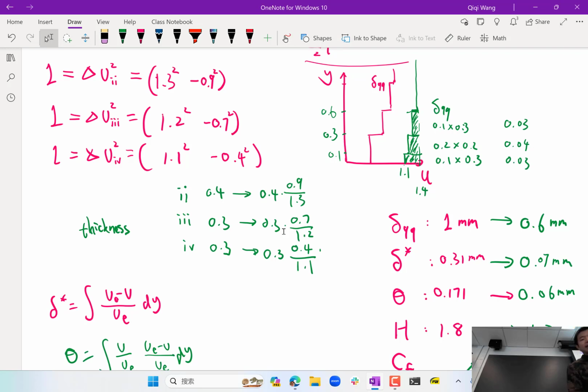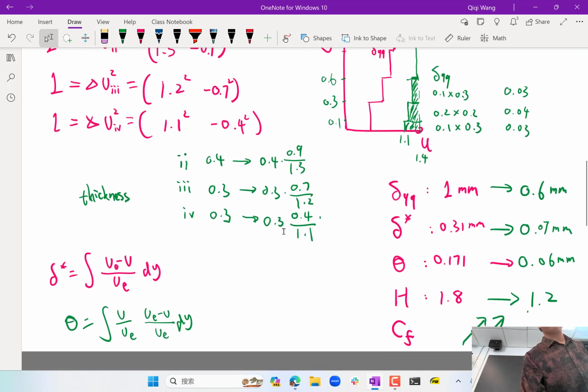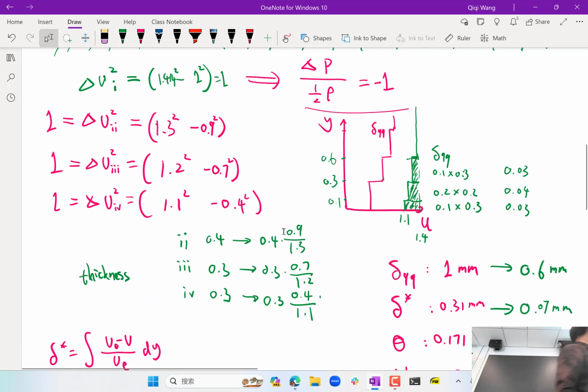And one particular situation for adverse pressure gradient is that now the pressure difference is positive instead of negative, and all the left-hand sides now have to be negative, right? There is starting to be a point.